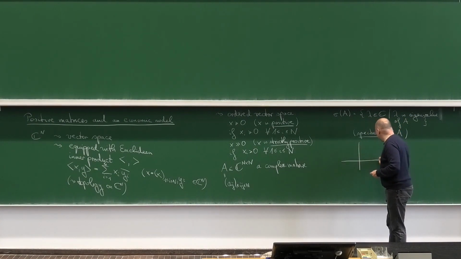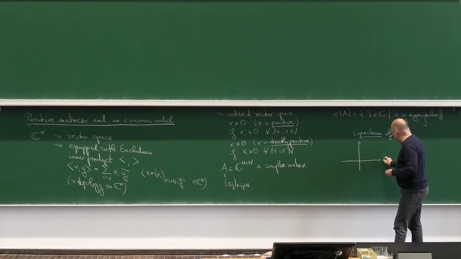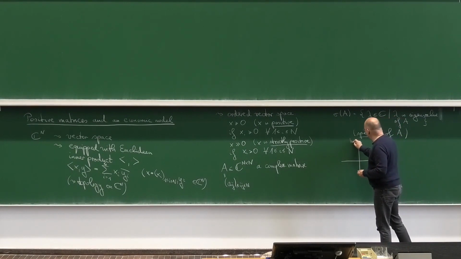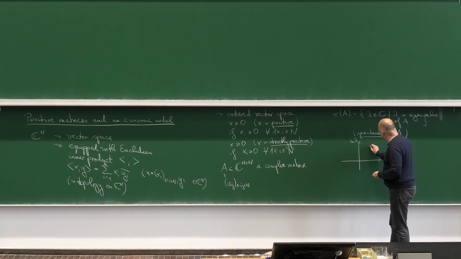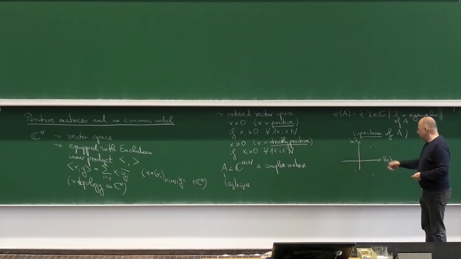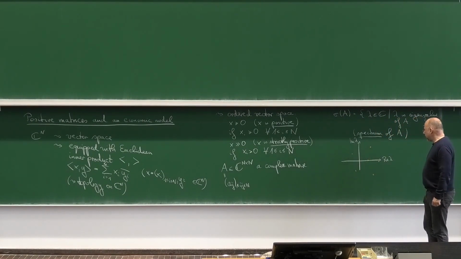So here is the complex plane, we have here the real part of lambda and the imaginary part of lambda. And in this complex plane we may have a few eigenvalues, and maybe here's also a real eigenvalue.